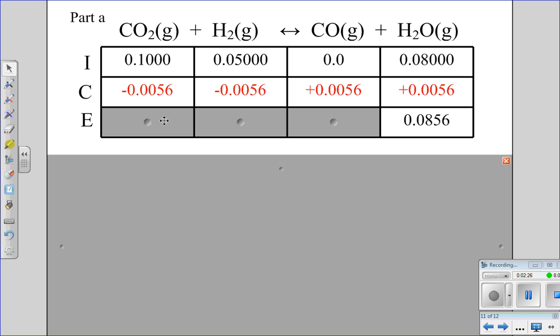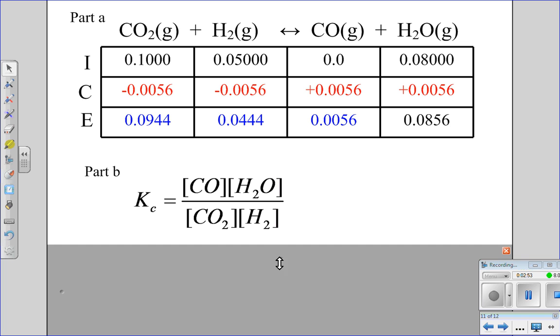So I just evaluate each column, and my equilibrium concentration for carbon dioxide is 0.0944 moles per liter, hydrogen gas 0.0444 moles per liter, and for carbon monoxide 0.0056 moles per liter. And we already were given what it was for water.